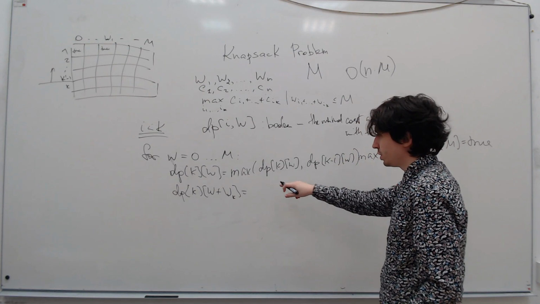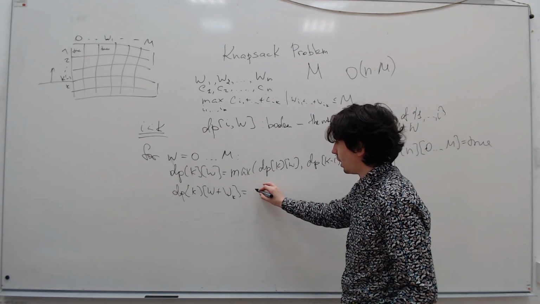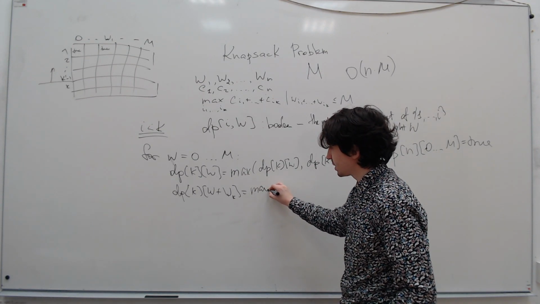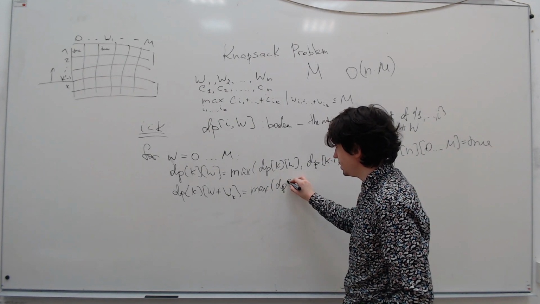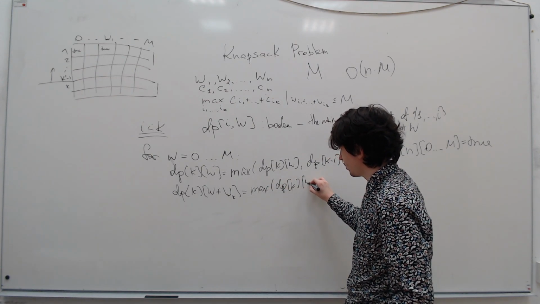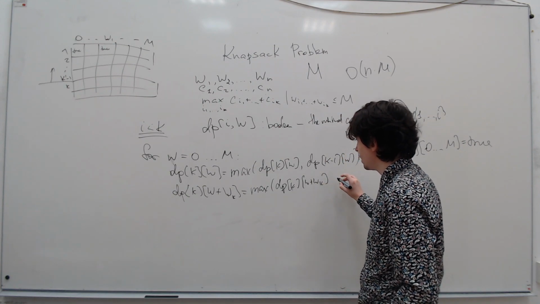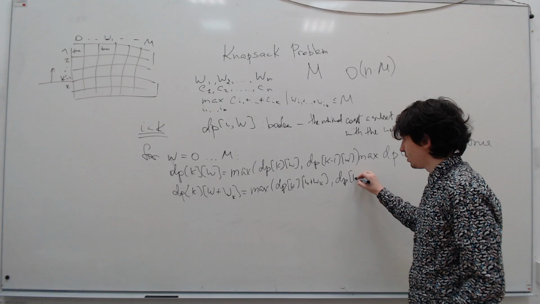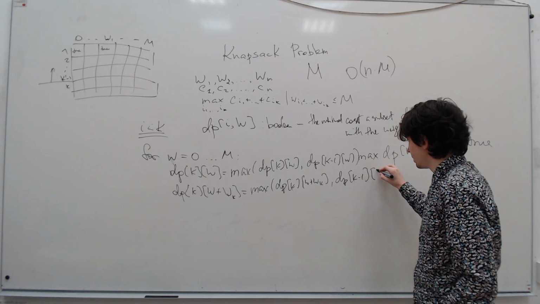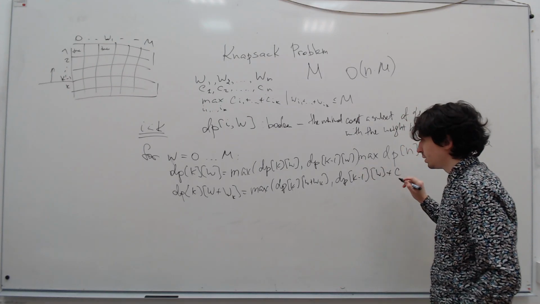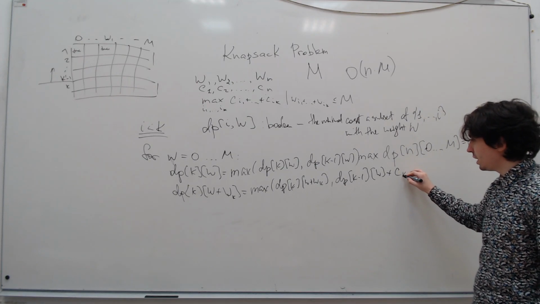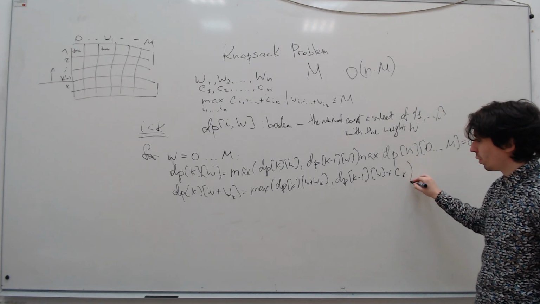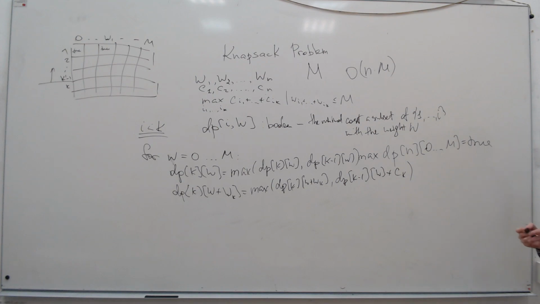This means that we do not take an element. Otherwise, it is max of dp k w plus wk with dp k minus 1 w plus ck, where k is the element that we're going to add.